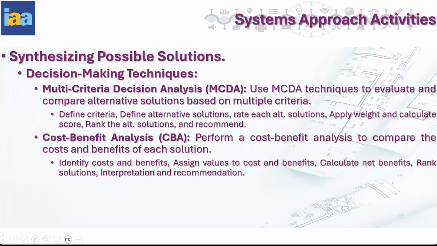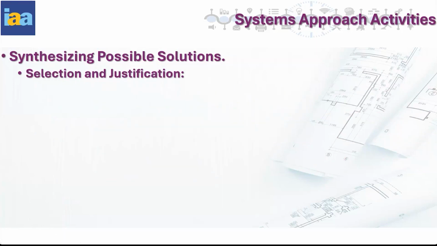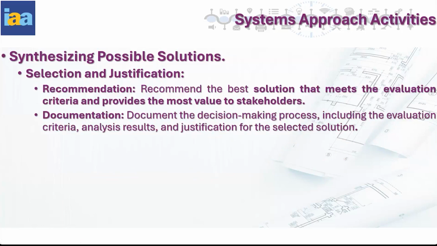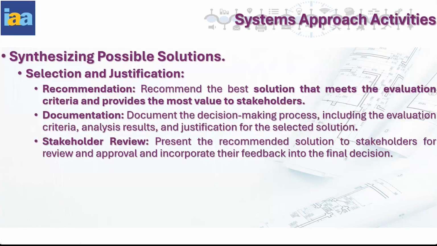Further, we will interpret and recommend a particular solution. So how do we do selection and justification? Whatever we do, we need to interact with the stakeholder: what evaluation criteria we followed, and how we arrived at this particular solution. And these should be documented, and all these things should be reviewed with the stakeholder.